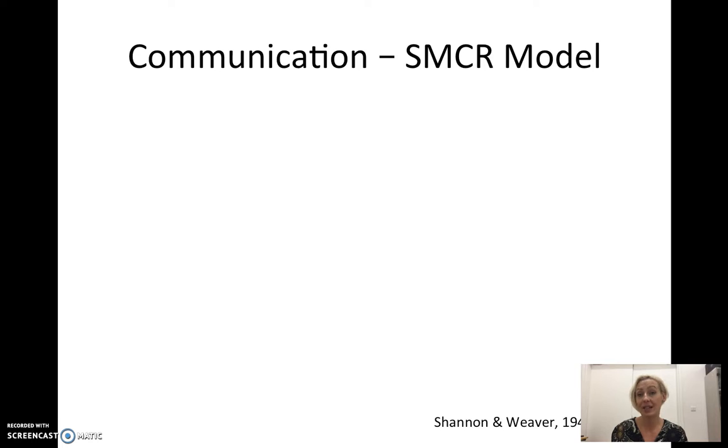So the things that are necessary for communication, the main 4 things that are absolutely necessary for communication, are included in the SMCR model of communication that was developed by Shannon and Weaver. S in this model stands for the source.